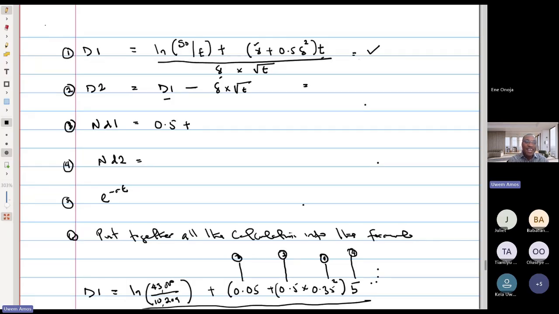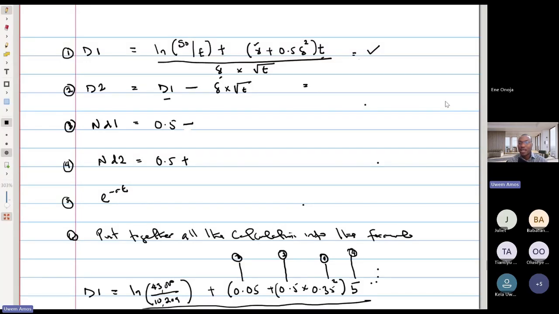But if it is a negative value, we do 0.5 minus whatever we have in our normal distribution table. The same thing with our ND2. If our D2 is positive, we do 0.5 plus, and if it is negative, we do 0.5 minus. So please take note of that. If D1 is positive, we add 0.5. If it's negative, we take off 0.5.